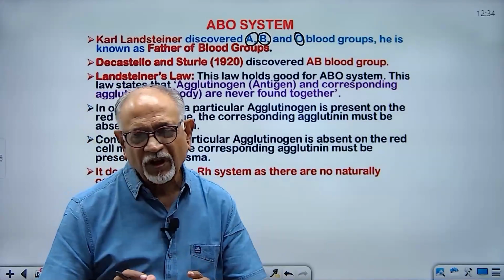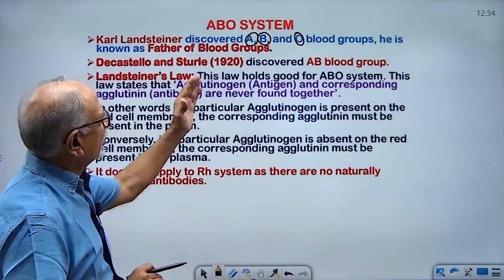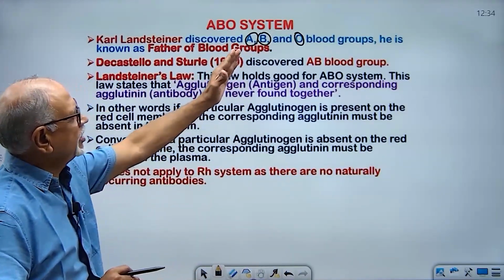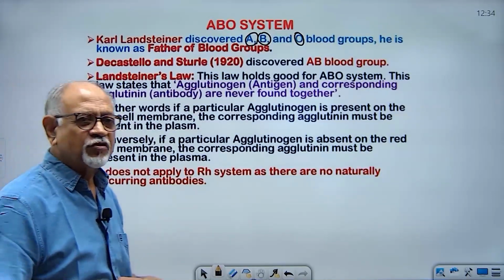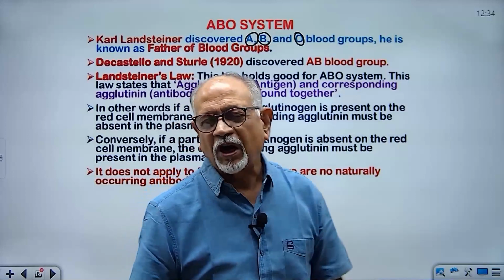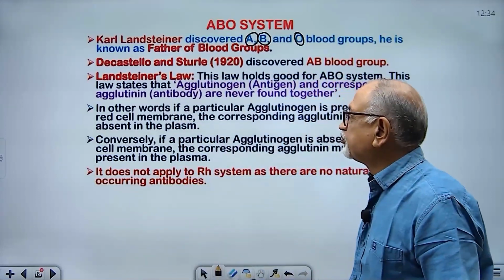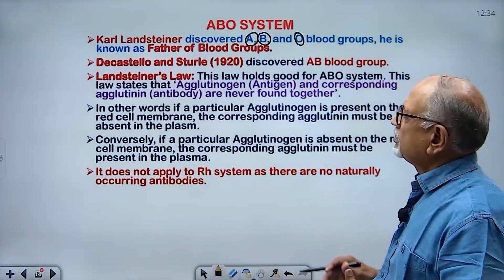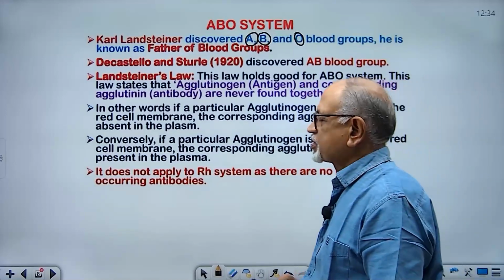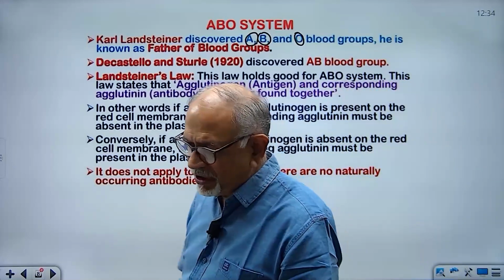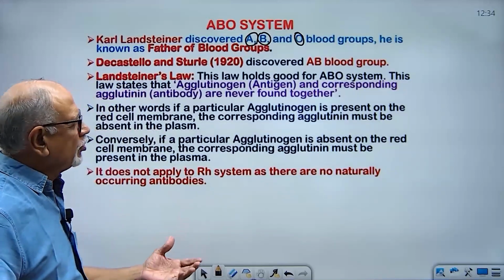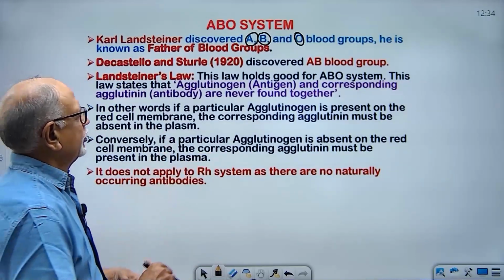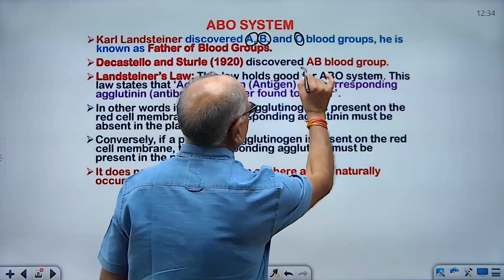So, he was the first to discover these three blood groups A, B and O. Therefore, he is honored as father of blood groups. Later on, De Castello and Sturli in 1920 discovered another blood group of ABO series, that is blood group AB.